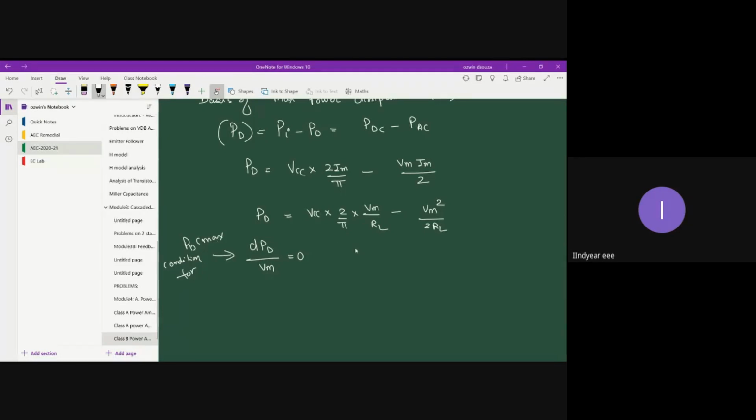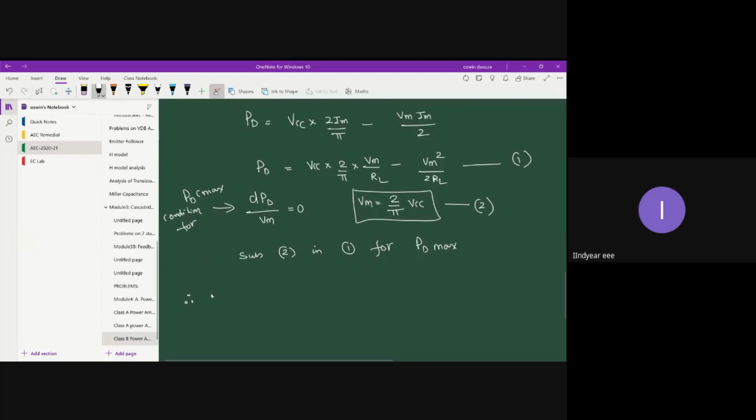This condition will give you Vm is equal to 2 by pi VCC. In order to find the maximum power dissipation, you have to substitute equation 2 in equation 1 for PD maximum.